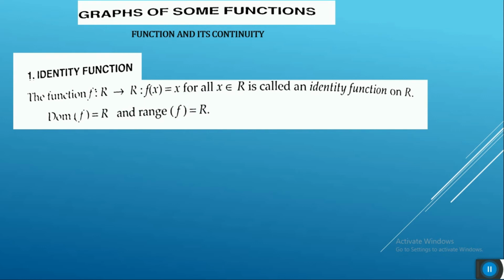A function f which is defined from the real number set to the real number set, that means this is your domain and this is your codomain, or you can call it range also, such that the function f(x) gives me back x for any x which you take from here, that is, for any x which belongs to R, is called an identity function on R.